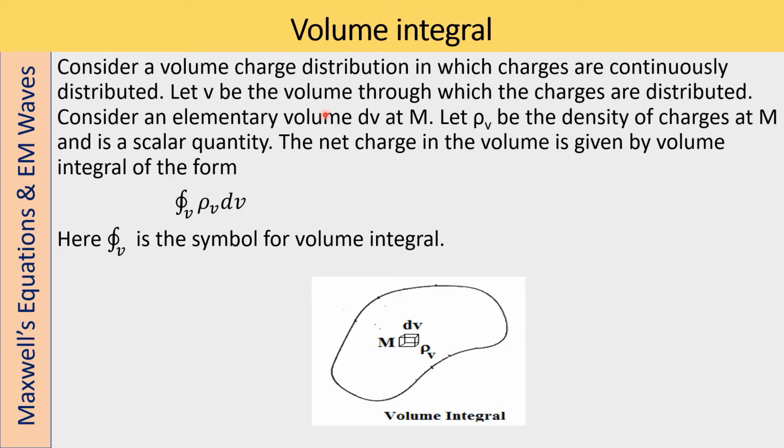Now the volume integral. Consider a volume charge distribution in which the charges are continuously distributed in this particular volume. Let V be the volume through which the charges are distributed. Consider an elementary volume dV at M. Let rho V be the density of charges at M. So rho V is the charge density and dV is the volume.